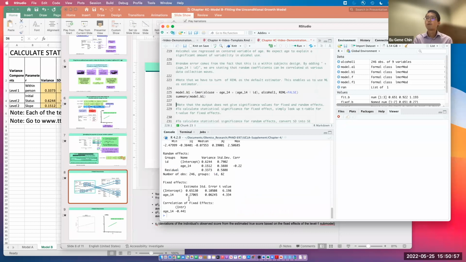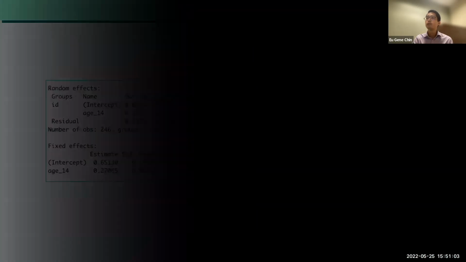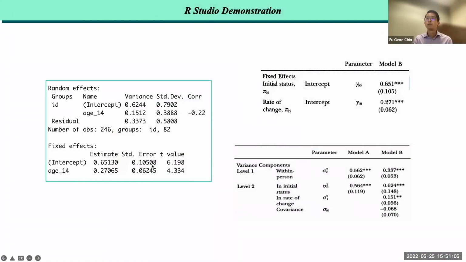As you can see here, we've got the fixed effects, we've got the random effects. I've copied and pasted this into the PowerPoint slides. I'm going to show you what's what. So the fixed effects underneath, for this row intercept here, this represents the estimated intercept of the population average change trajectory. This one represents the estimated slope of the population average change trajectory.